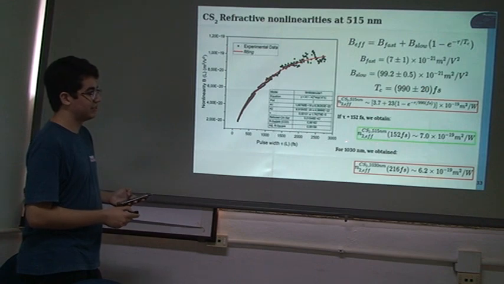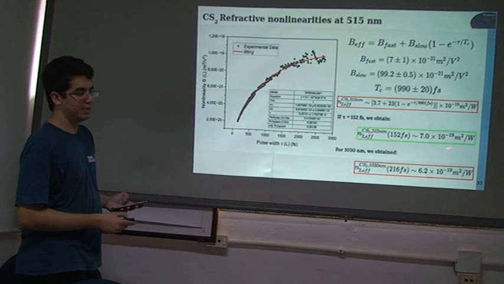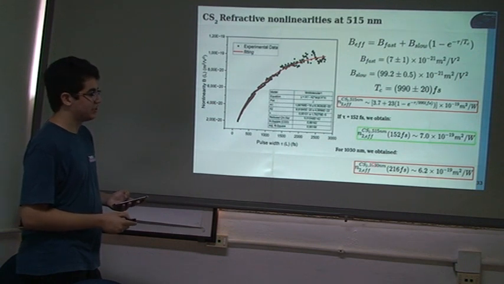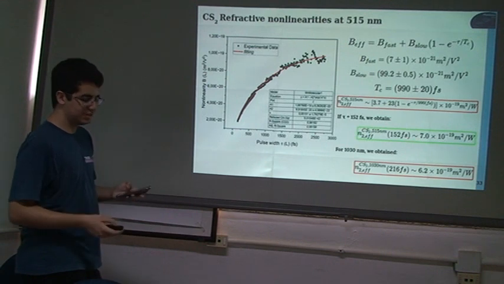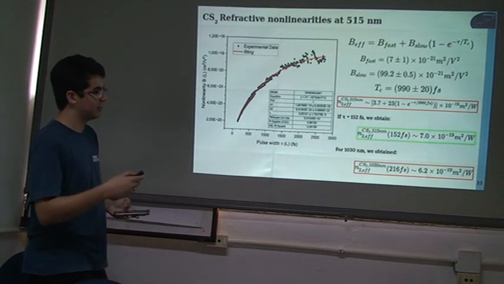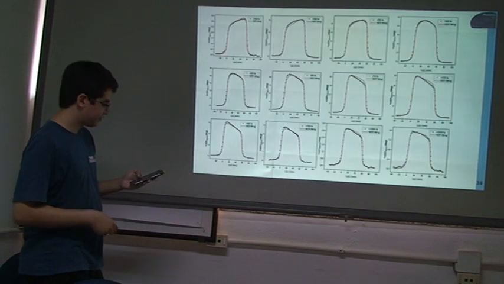We find N2 in the order of 7 times 10 to the minus 19, which is a little greater than what we found at 1030 nanometers, which is expected since CS2 has greater values as the wavelength decreases.